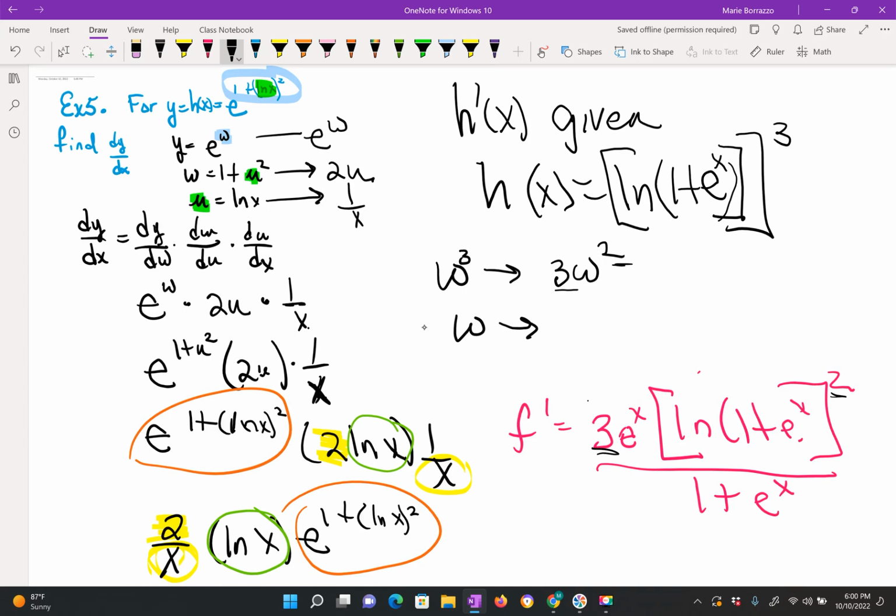Ln of u. Wouldn't it be simply 1 over u? Call it u if you want. Right, because then that means that this is 1 over that. Okay, what else do we know? What is u? 1 plus e to the x. So you got those.